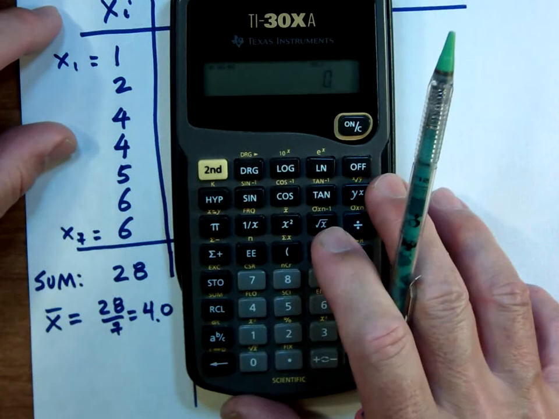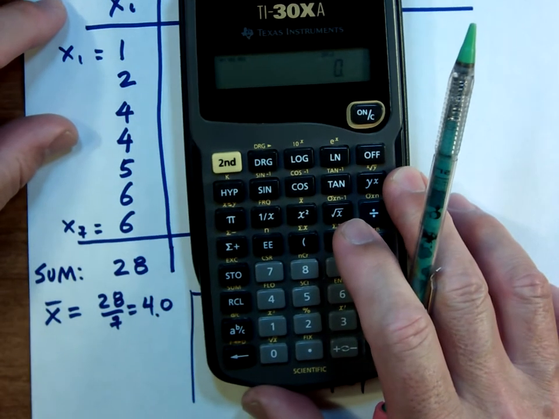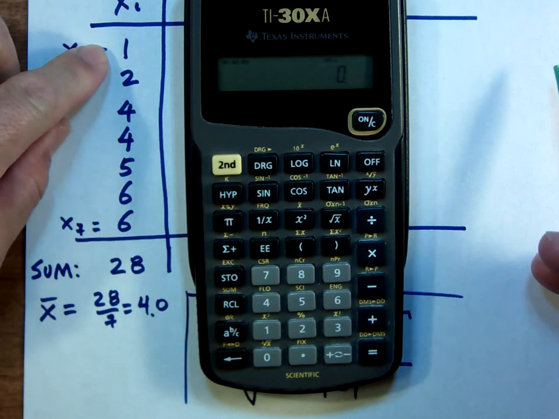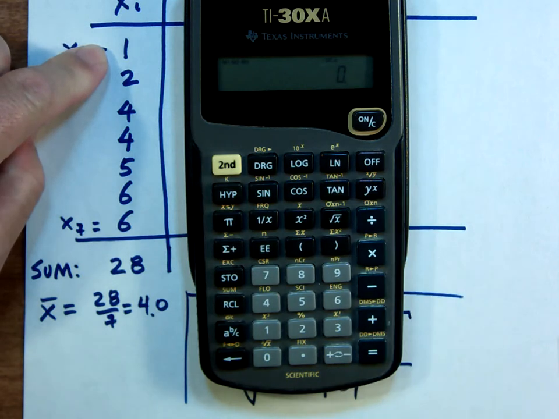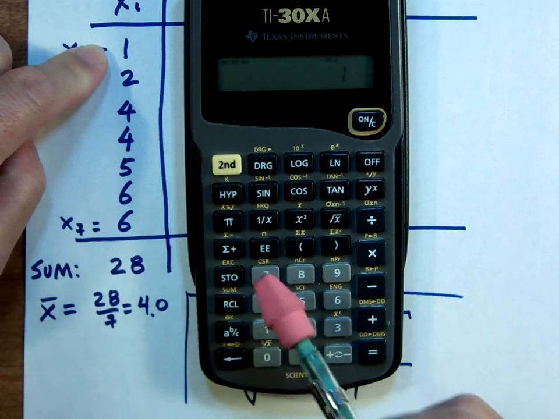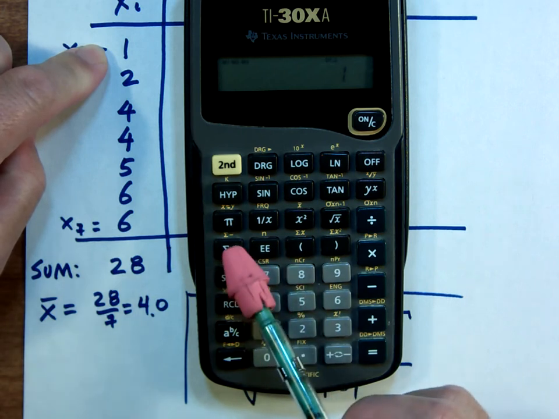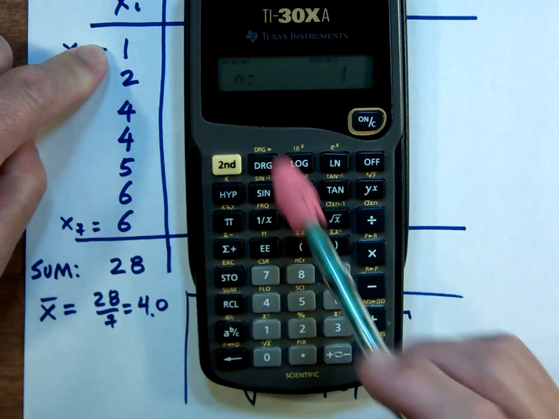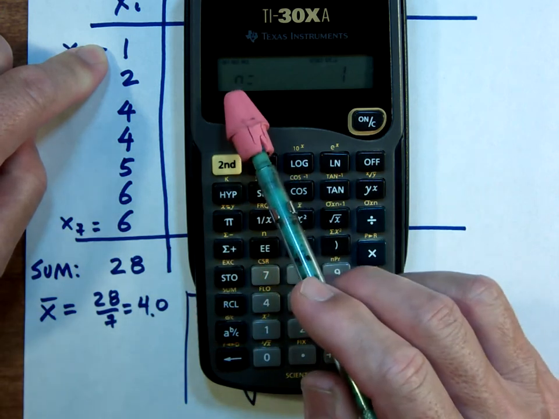Here is our data. First I'm going to enter 1, since that's our first data, so press 1. Each time you enter data, you must press this sigma plus. What it will show you, which is very important, is n.